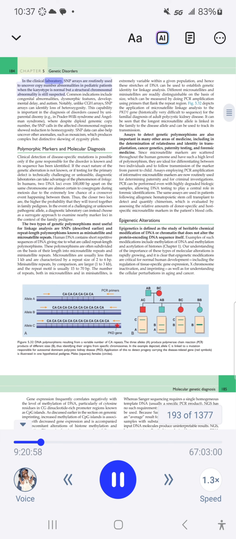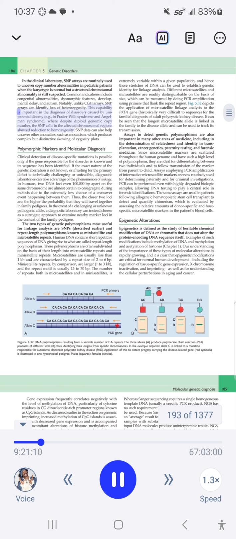In the clinical laboratory, SNP arrays are routinely used to uncover copy number abnormalities in pediatric patients when the karyotype is normal, but a structural chromosomal abnormality is still suspected. Common indications include congenital abnormalities, dysmorphic features, developmental delay, and autism. Notably, unlike CGH arrays, SNP arrays can identify loss of heterozygosity.